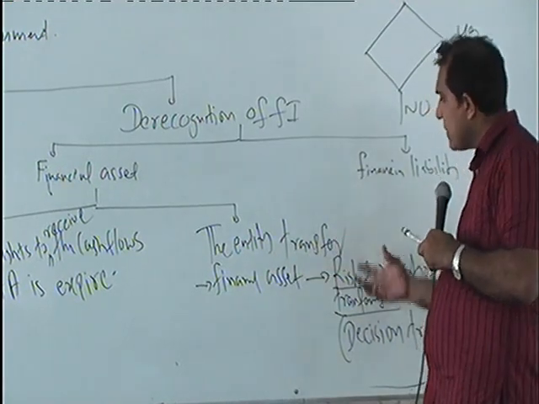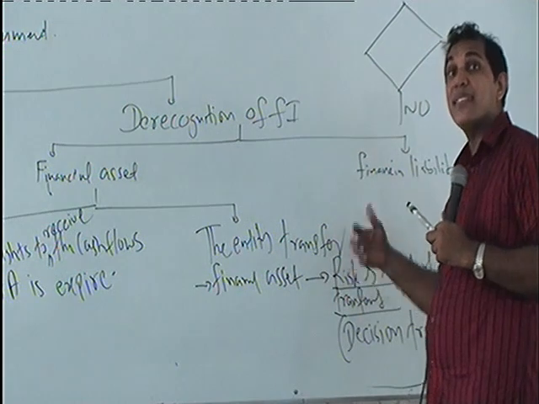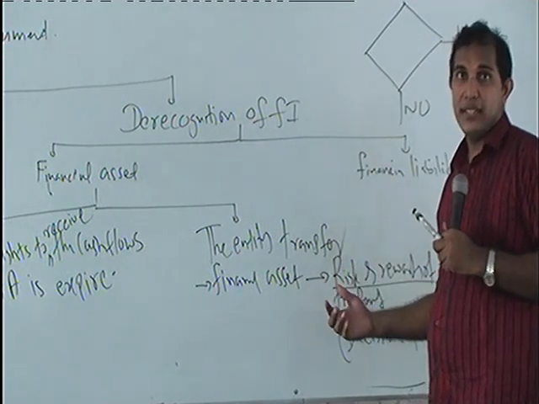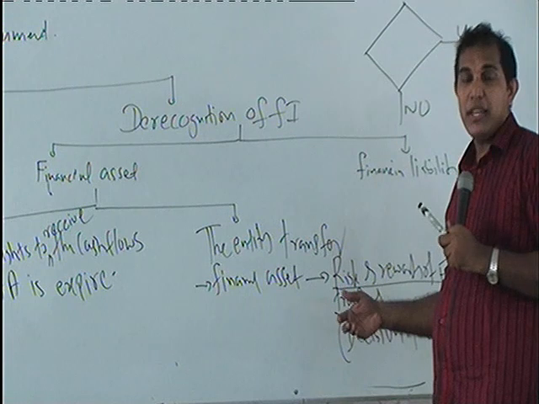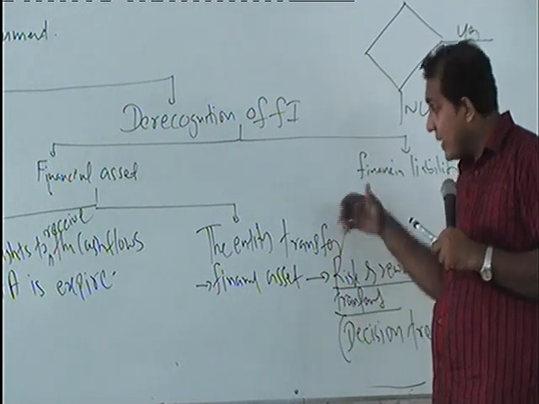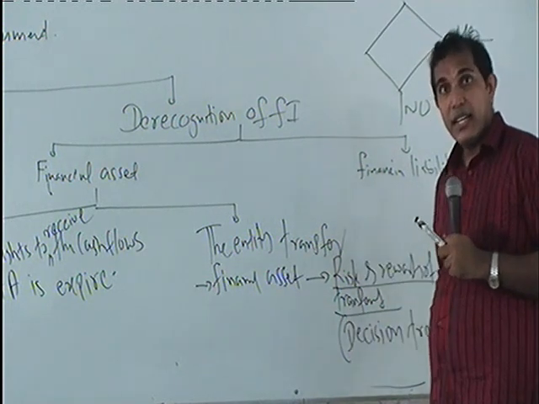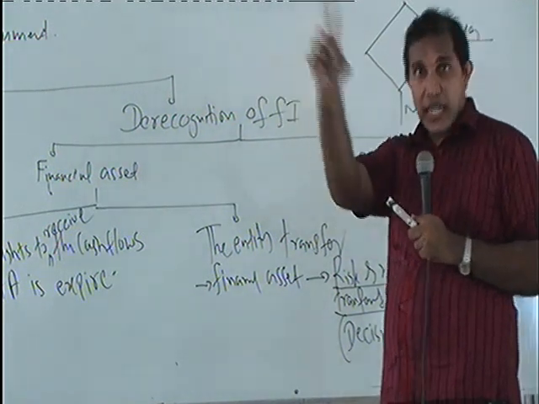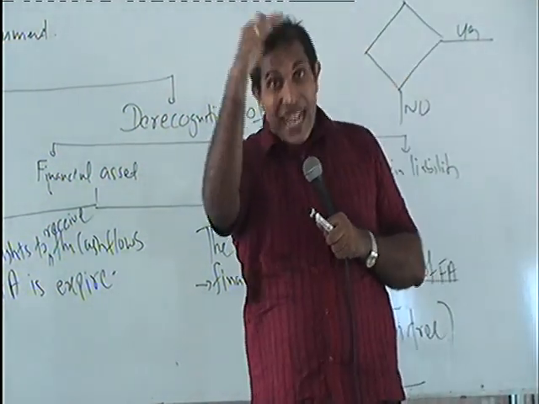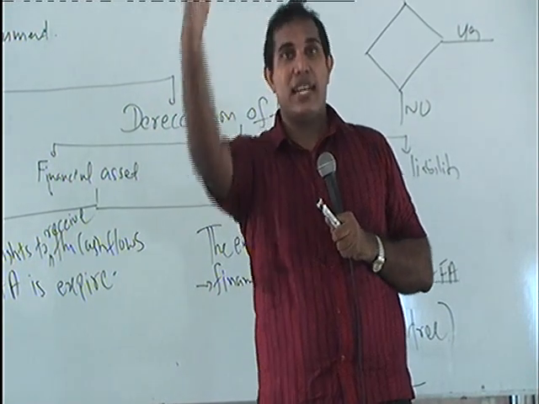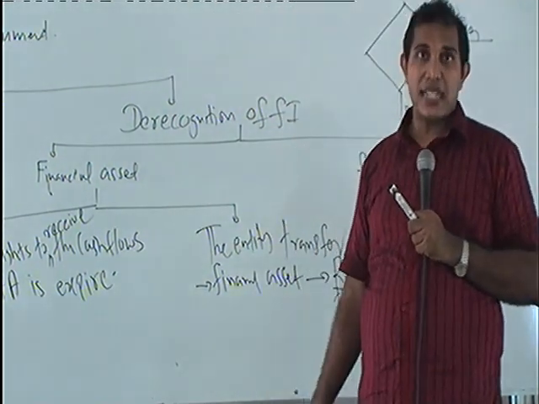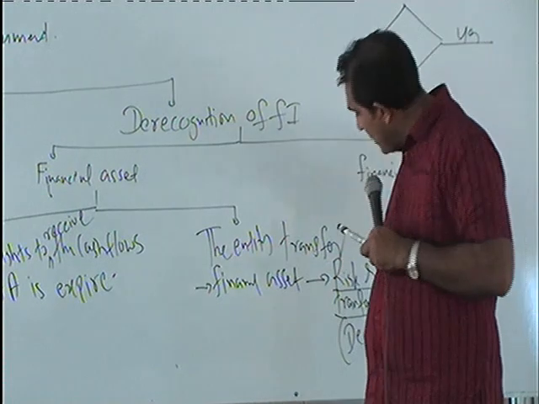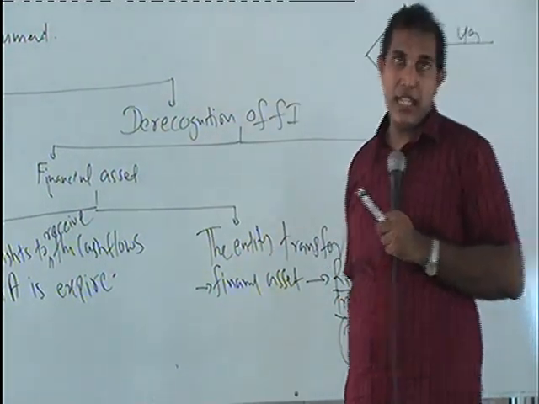But sometimes we need to check who has the risk and rewards of the financial asset. Maybe it has been transferred. Now we need to check through the decision tree. After checking, we can ensure, yes, the entity has to derecognize the financial asset.